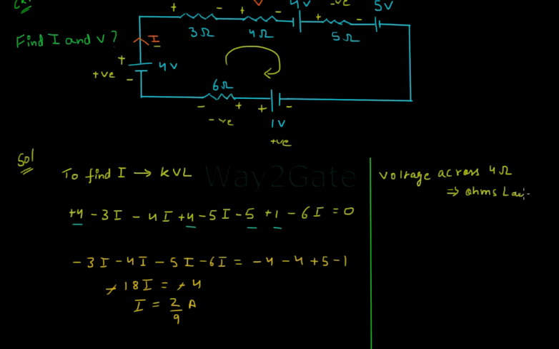That is, V is equal to IR, where I is equal to 2 by 9 and R is equal to 4 ohm. Therefore, V is equal to 2 by 9 into 4, or 8 by 9 volts.